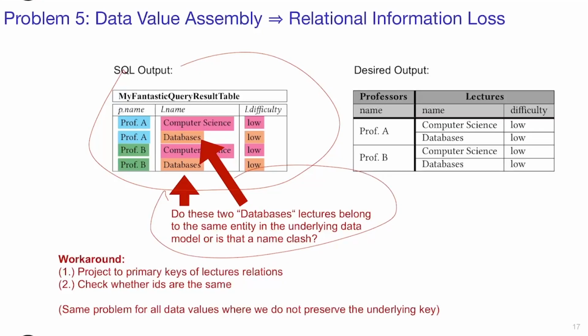Do I know from this output? I don't. No one can tell me without looking at the database whether that is the case. It could be the same lecture given by both professors A and B, but it could also be a separate lecture. So there are workarounds you could do. You can project out primary keys, check whether the IDs are the same, but it's a workaround.